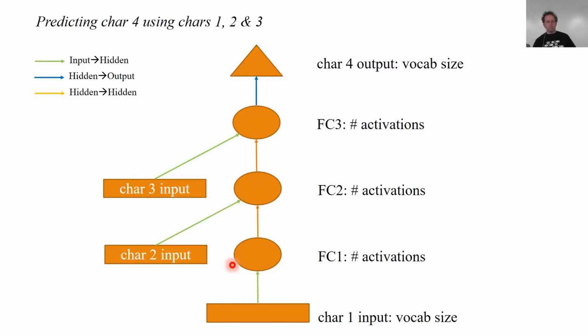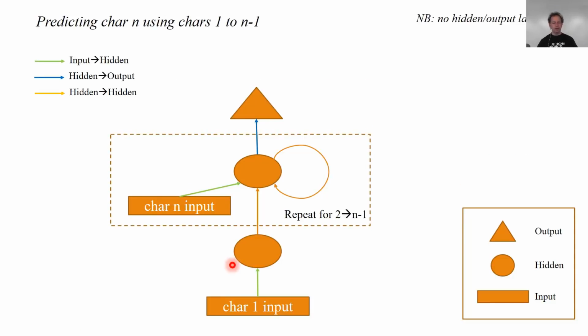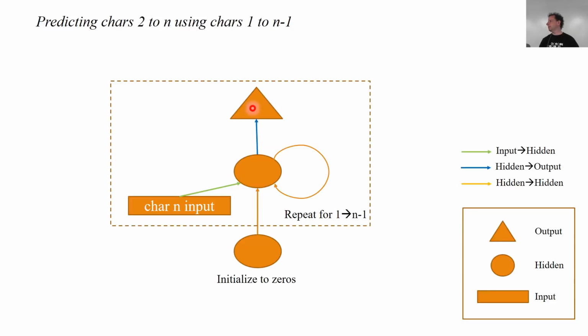All right, I'm going to do one other thing. When I moved the char1 input inside the dotted line, this dotted rectangle represents the thing I'm repeating. I also moved the triangle, the output, inside as well.